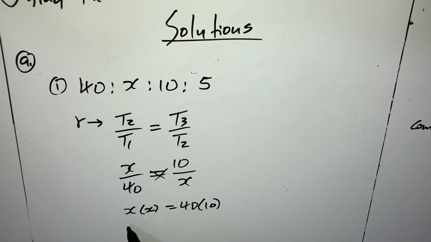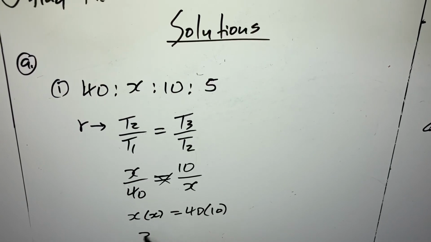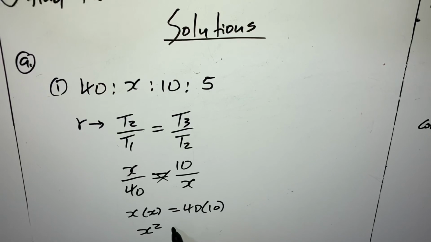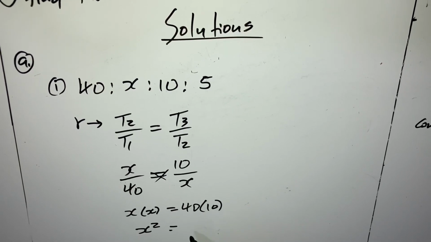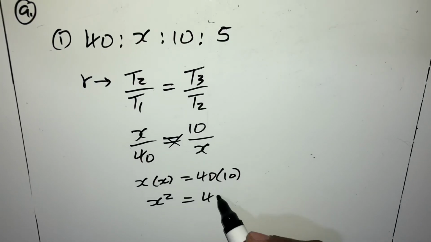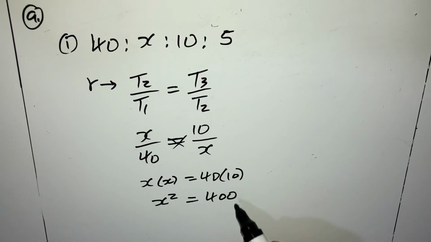Then x times x, we get x squared equals 40 times 10, we get 400.